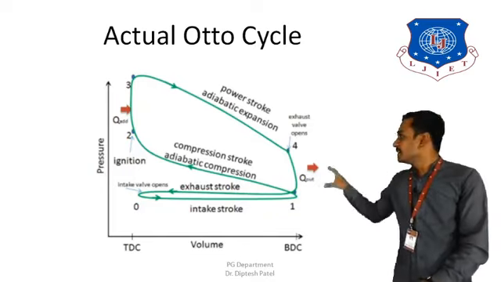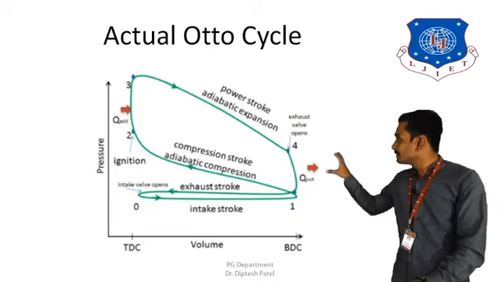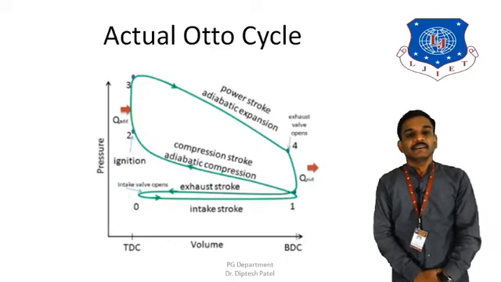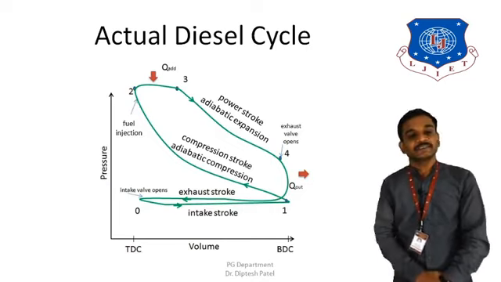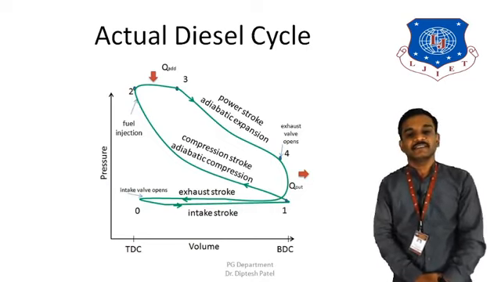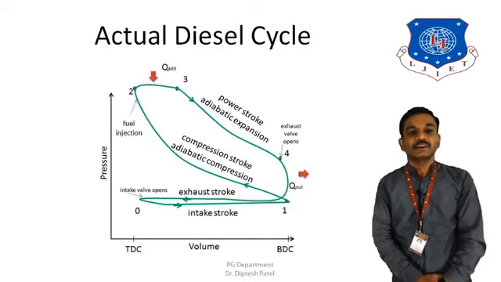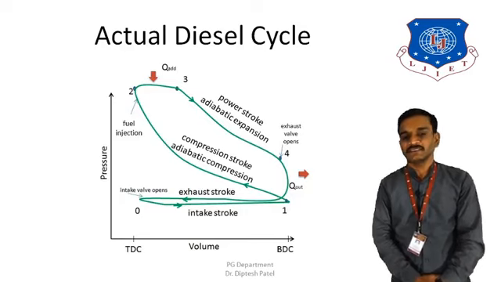So the actual cycle looks something like that because of the losses, and the actual diesel cycle looks like that. See the PV diagram of the diesel cycle, where 1 to 2 is an adiabatic compression process, 2 to 3 is the constant pressure heat addition process, then 3 to 4 is an adiabatic expansion process, and 4 to 1 is a constant volume heat rejection process.